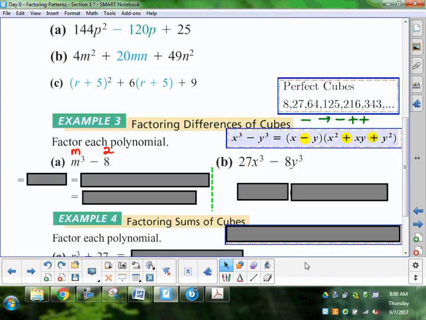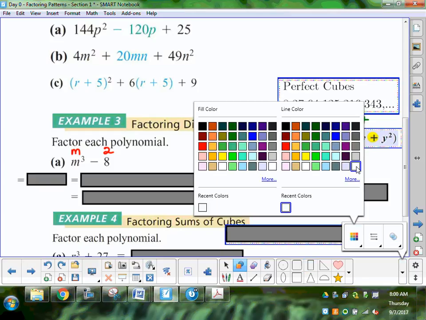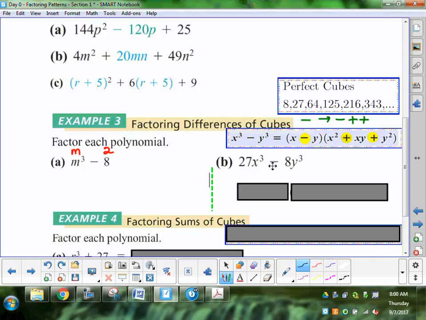What are your signs going to be going across? If there is a difference, what are the signs going across? So I'm going to make space for a binomial and a trinomial. And my signs going across, we just said, are minus and then plus plus.